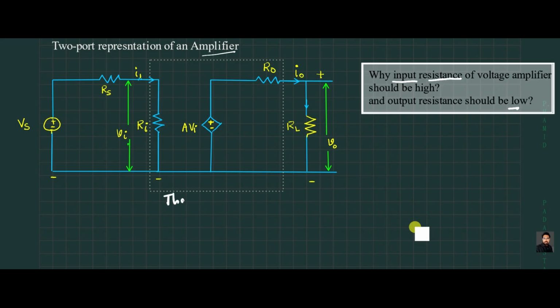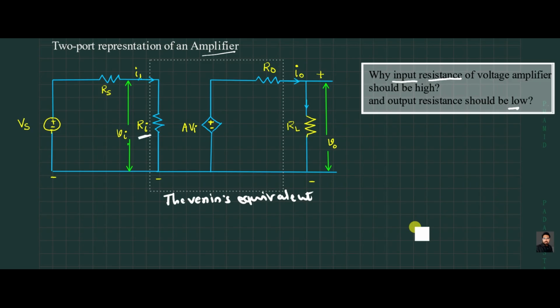Okay, so from these things we'll understand what is the effect of input resistance, source resistance on this input quantity Vi, and what is the effect of this Ro on this output voltage. So how these values matter in deciding the gain of this amplifier.